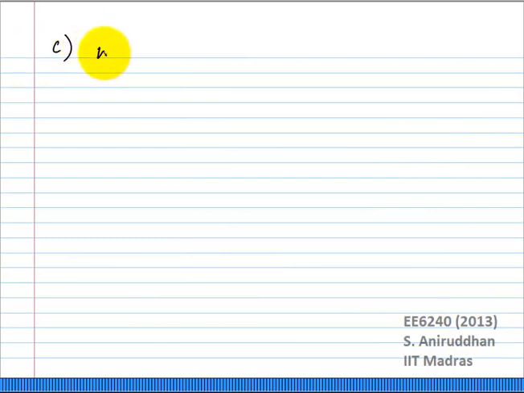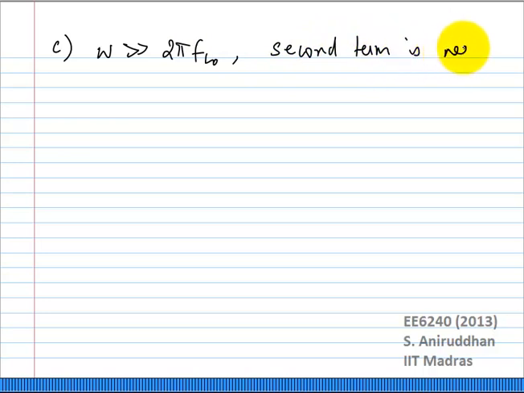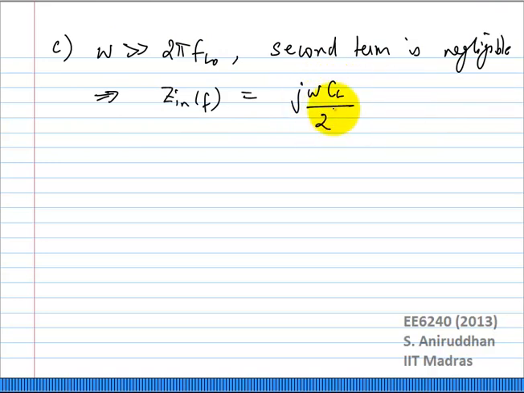The third case is when omega is much larger than 2 pi f_LO. The second term becomes negligible and your Yn of f is just, sorry, j omega C_L by 2.